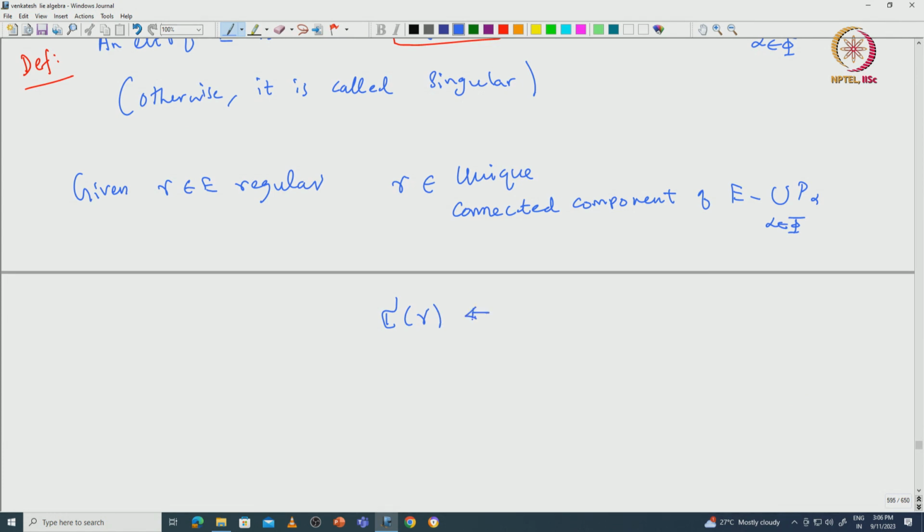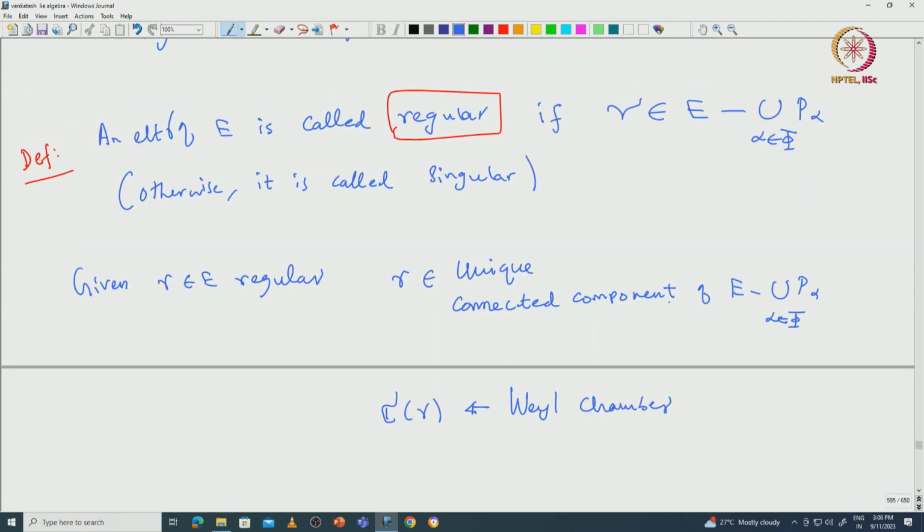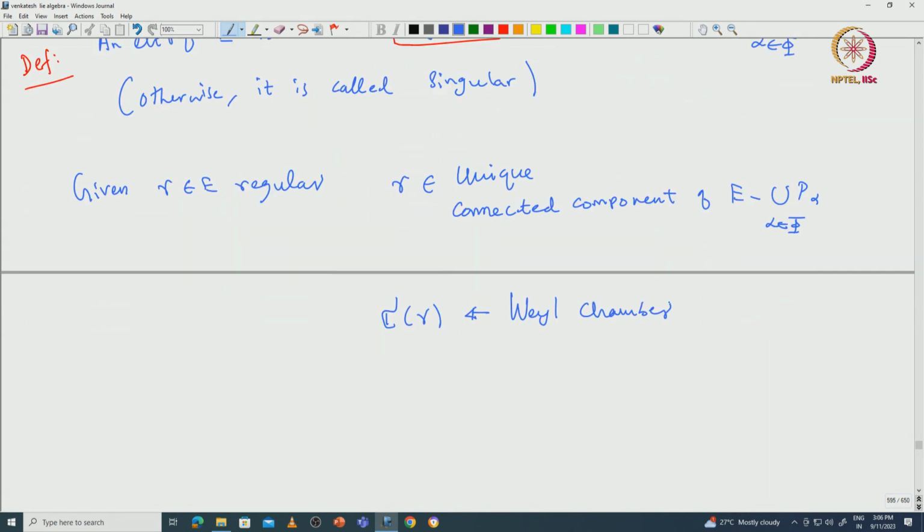This is that Weil chamber that contains this gamma.